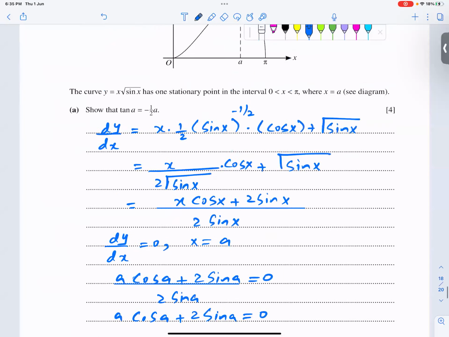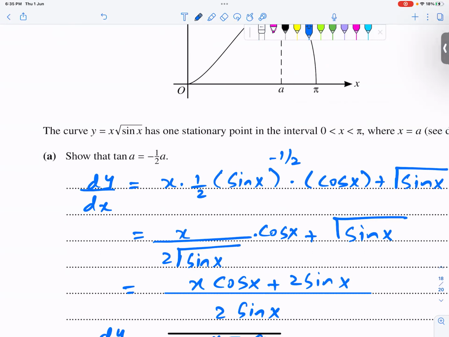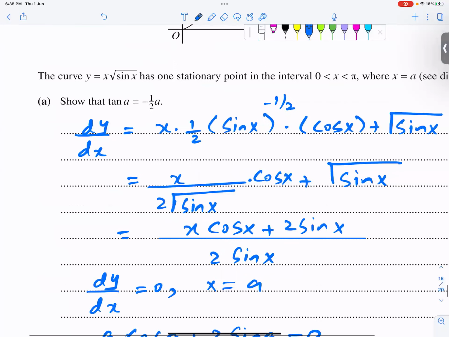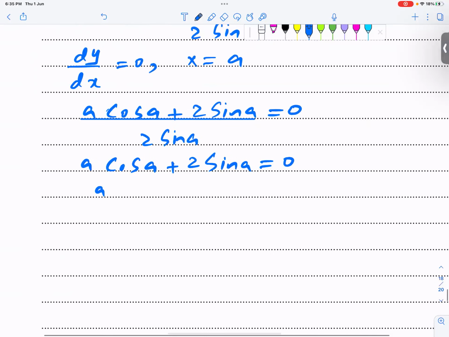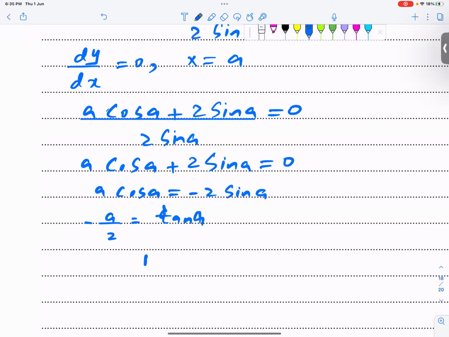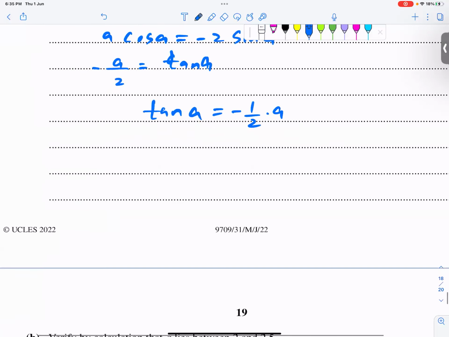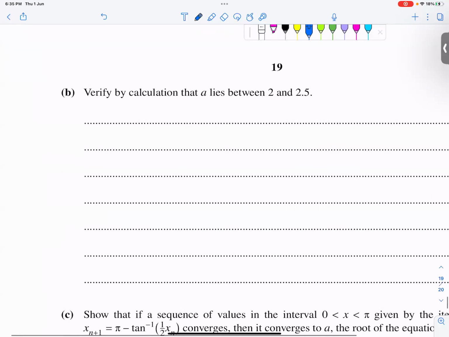So a cos a is equal to minus 2 sine a. Divide by cos a on the other side to make tan a. So tan a will be minus 2 over a, as required. So moving to the next part.